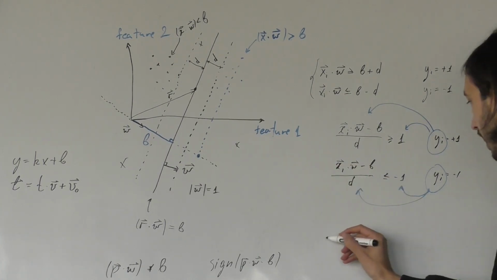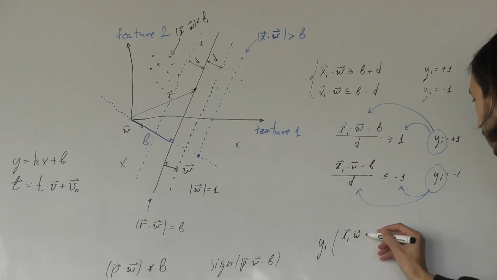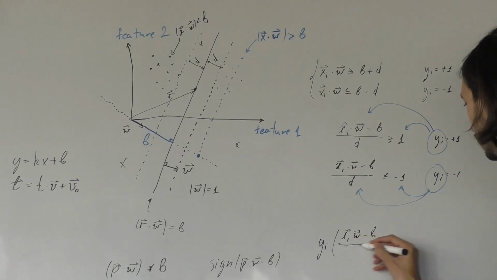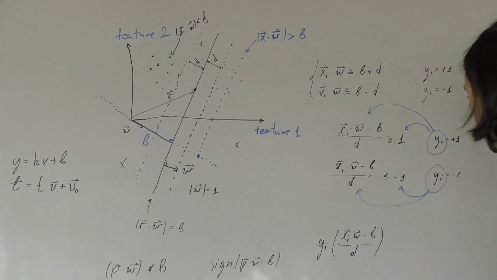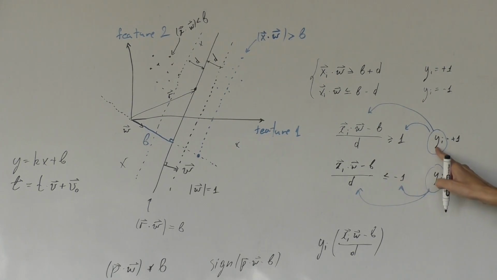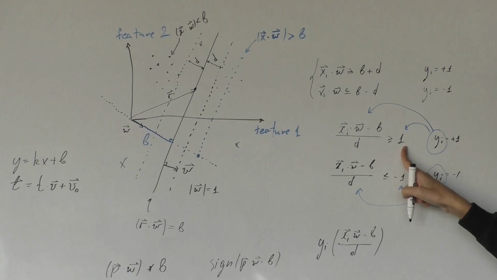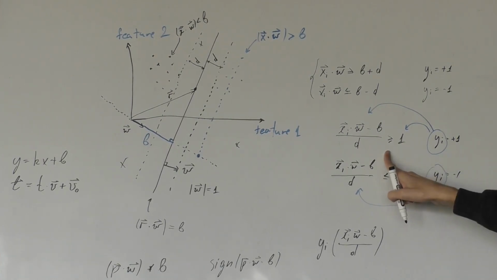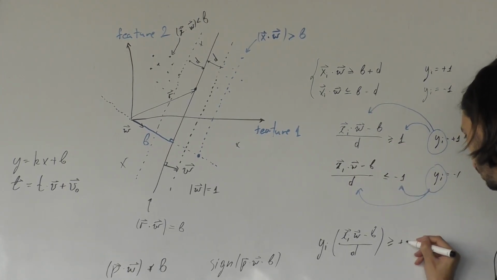So on this side, I have yi times xi w minus b divided by d. Now what happens here? yi is equal to +1. +1 multiplied by +1 still gives you a +1, and this sign holds. So it's greater or equal than +1.